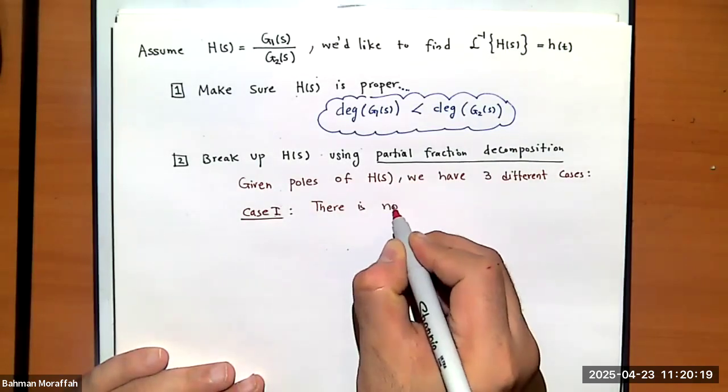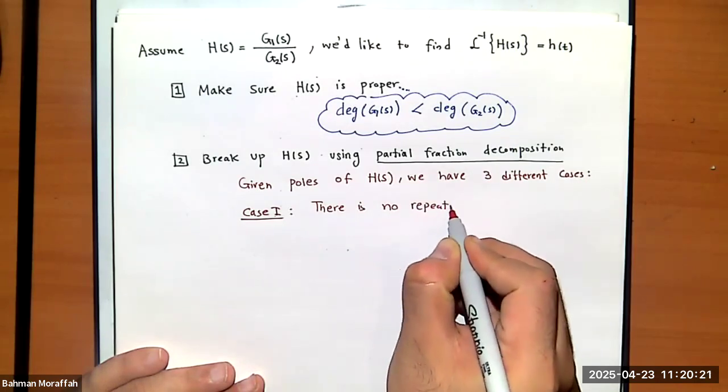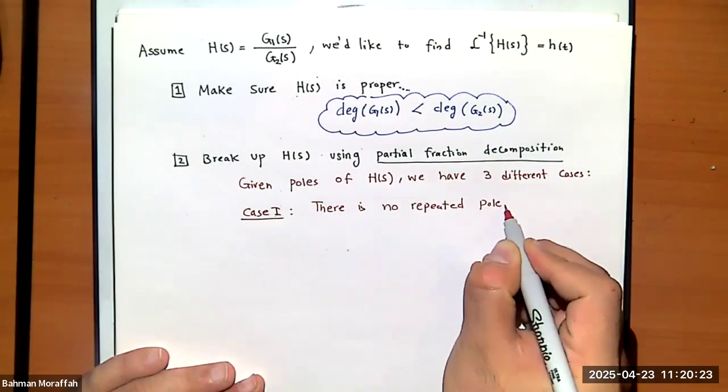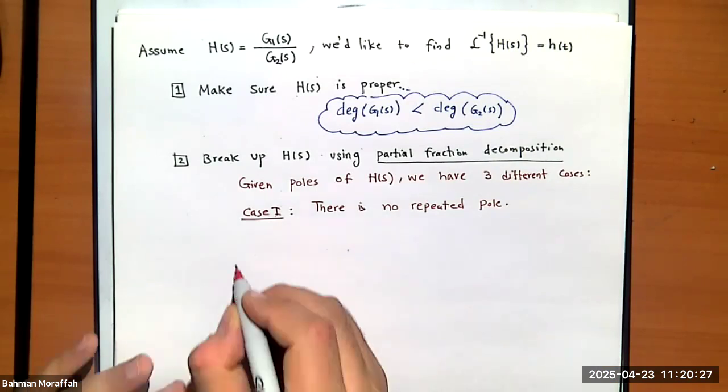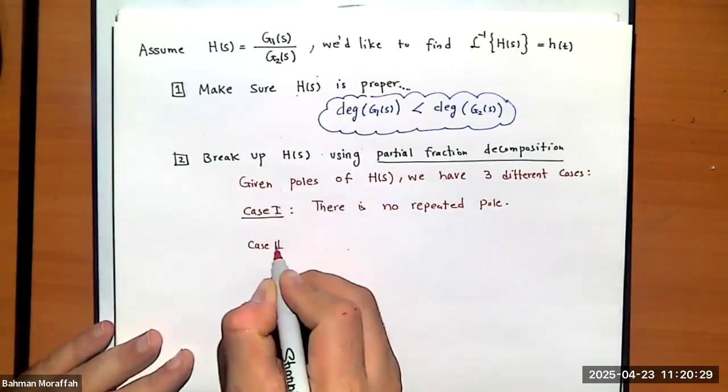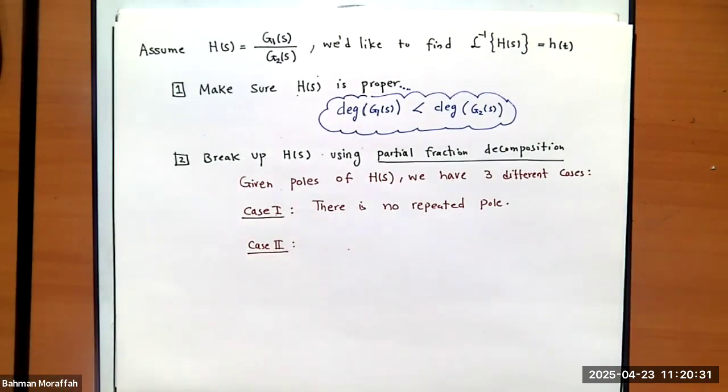Case two: some of these poles are repeated.